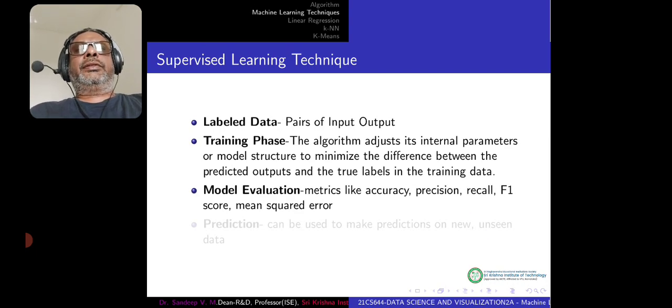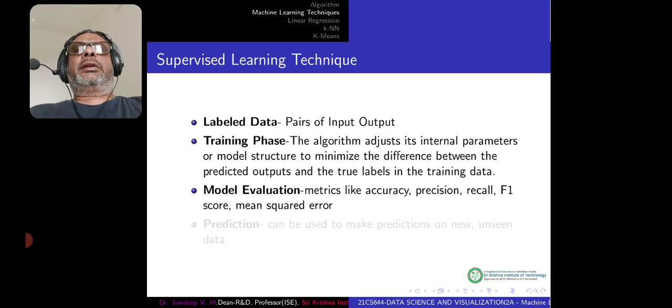Once this training phase is done, we evaluate the model by testing with a new set of data whose output is known to us, but that will not be presented to the model, and the predicted output is compared with the actual output.